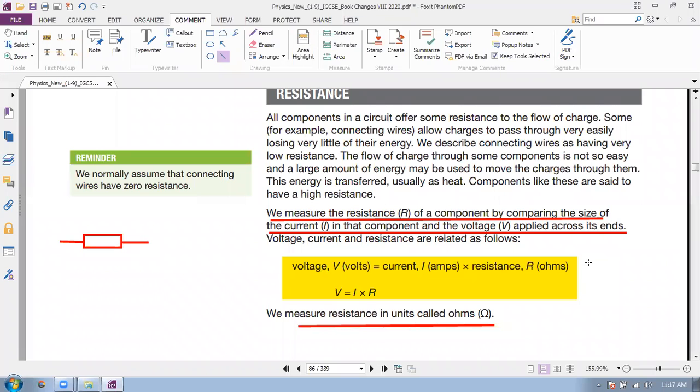And if the resistance is low in a circuit, current can flow through it easily. So in a high resistance circuit, less current flows, and in a low resistance circuit, a high amount of current flows. And it actually prevents the amount of charges. We will be learning all these things gradually, more and more.